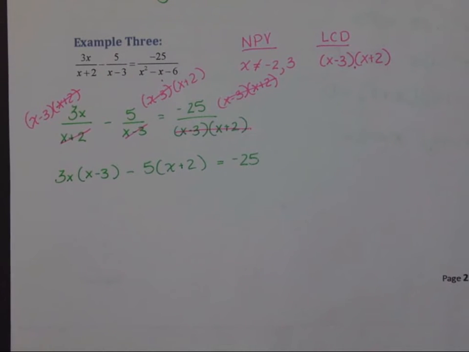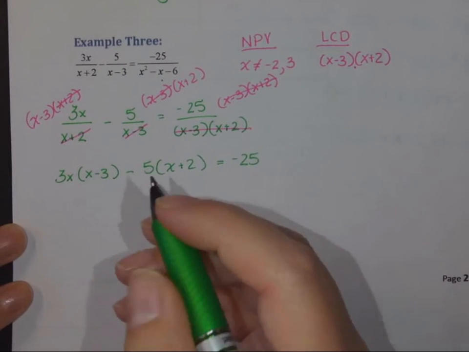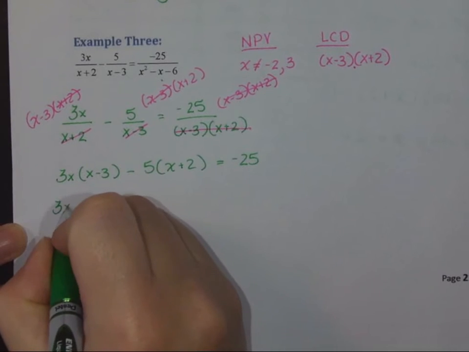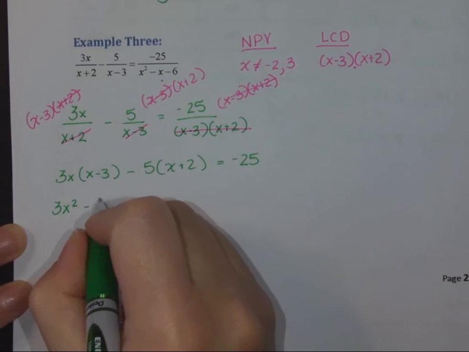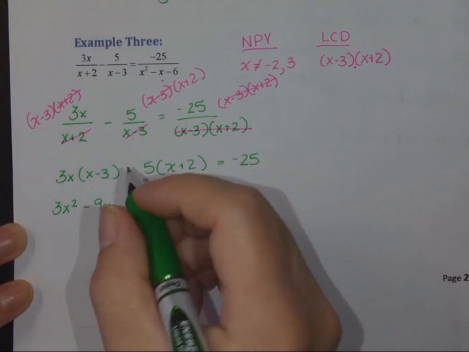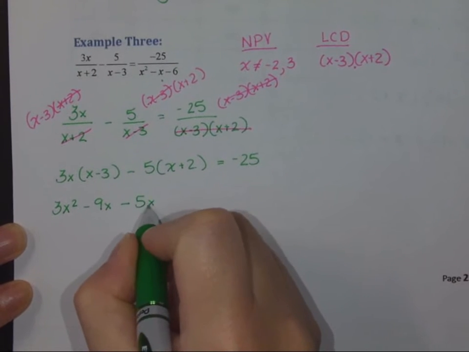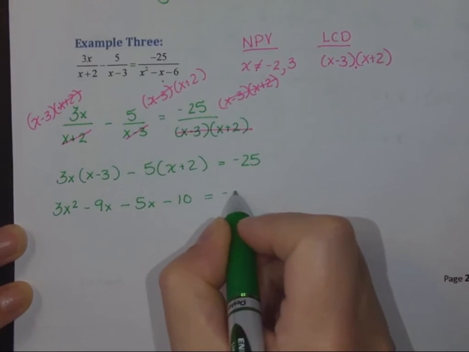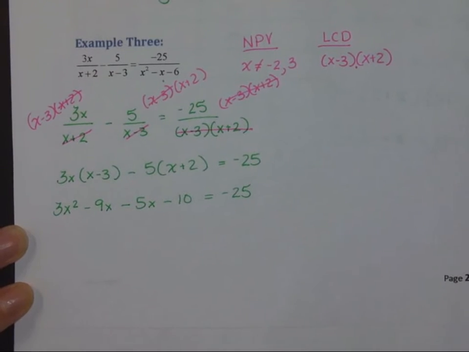All right, so nice and easy. So this is going to be 3x squared minus 9x. And again, I'm going to use this as a negative 5 to leapfrog it in. So negative 5x minus 10 equals a negative 25.